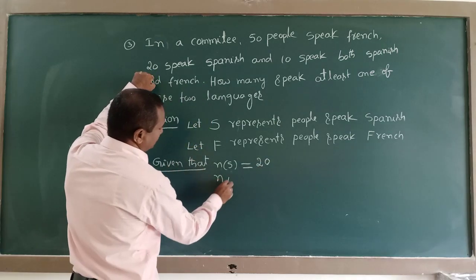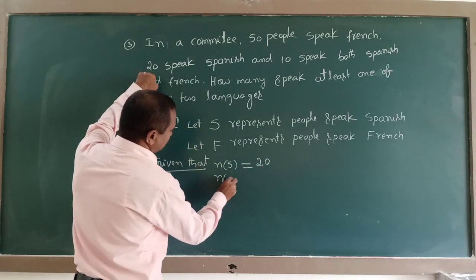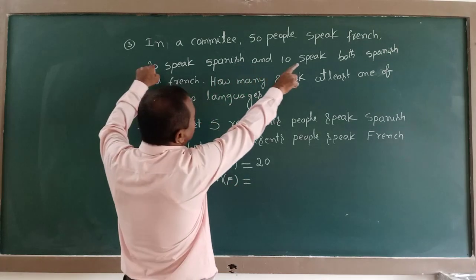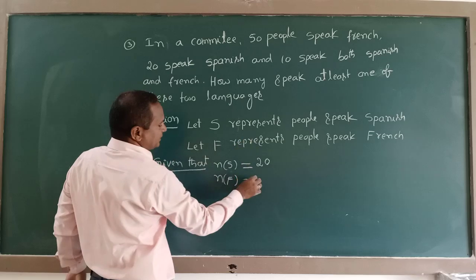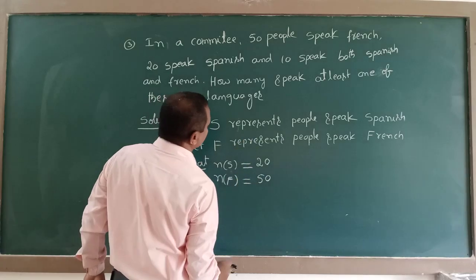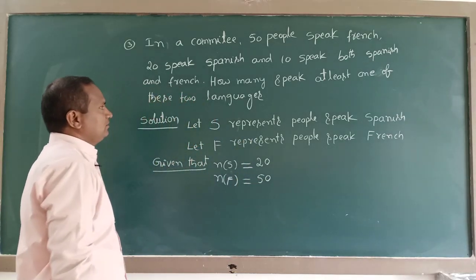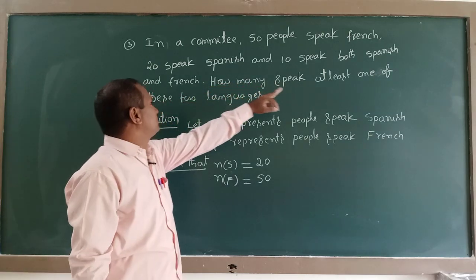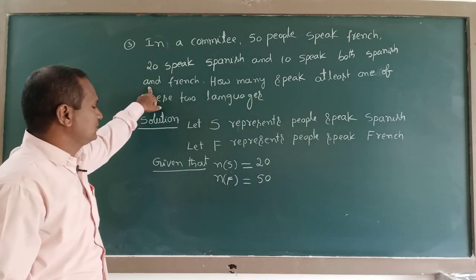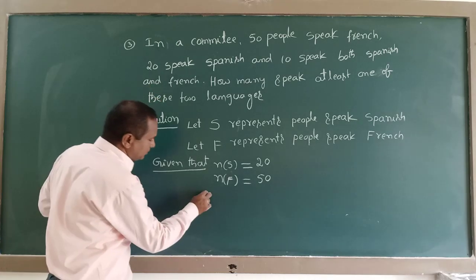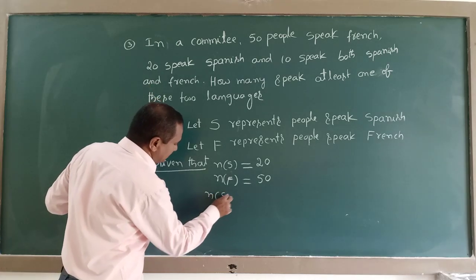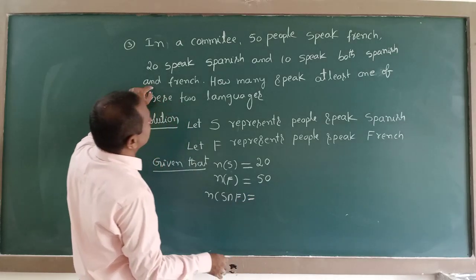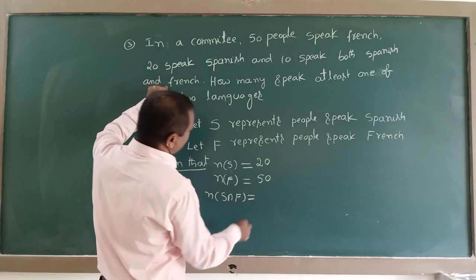Next, n of F is equal to 50. At the same time, they also gave that 10 speak both Spanish and French, so n of S intersection F is equal to 10.